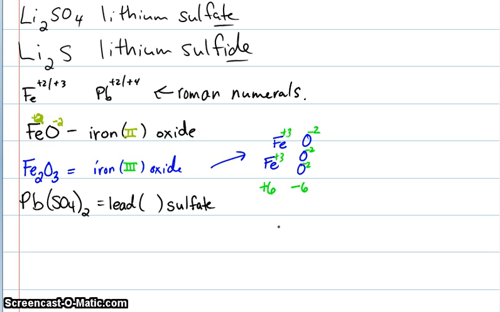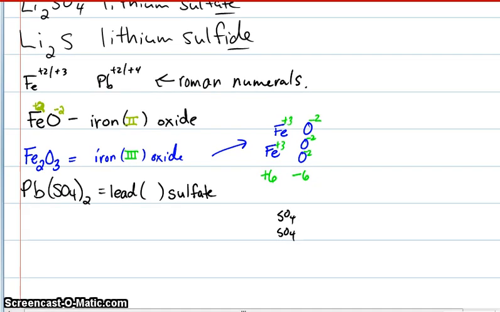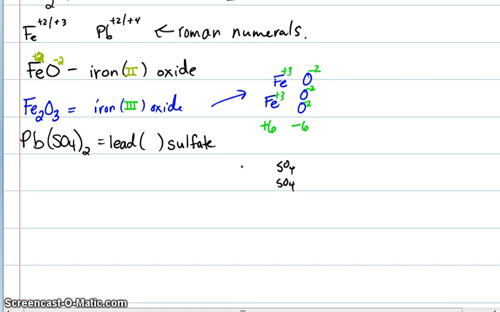Now, if I'm drawing this out, I've got 2 SO4s and 1 Pb. And SO4 has a -2 charge. I know that because I looked in my polyatomic chart. And -2 and -2 make -4 total. So what does this side have to be? +4. So that is lead 4 sulfate.